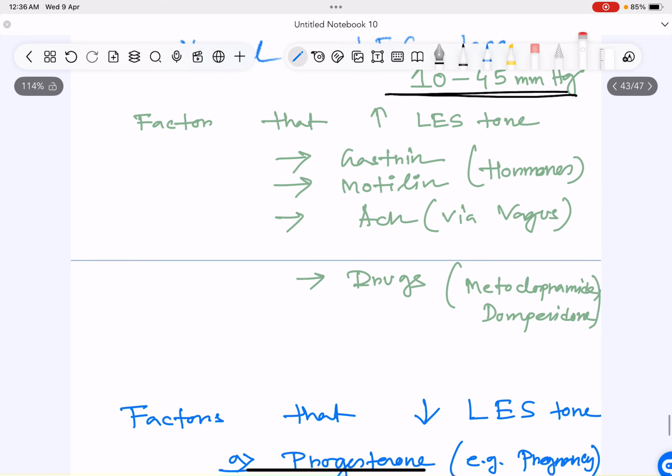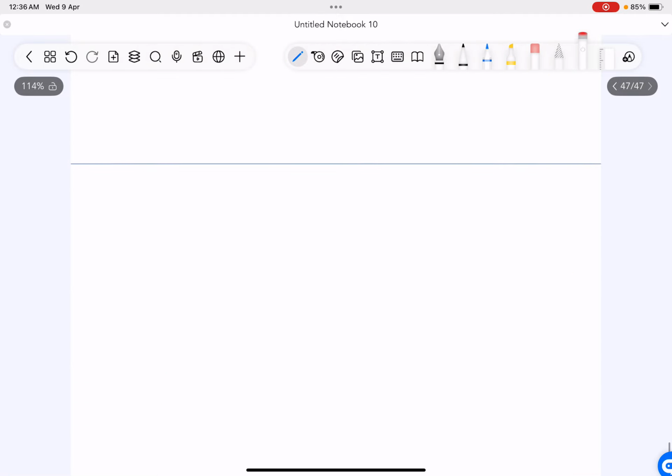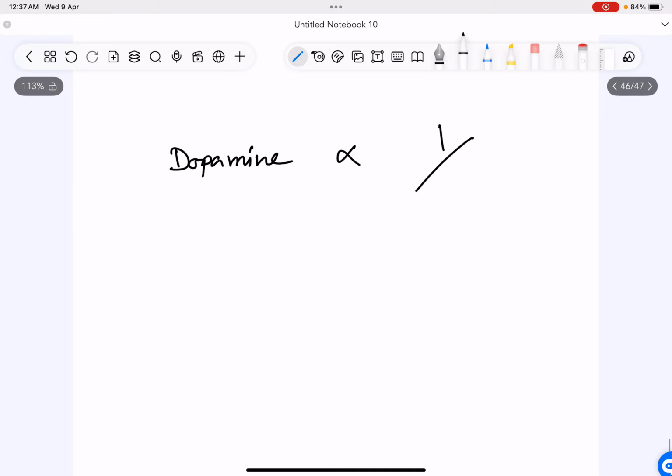So how do these drugs increase GI motility? Let me write. See, dopamine is anti to acetylcholine. So acetylcholine increases peristalsis.